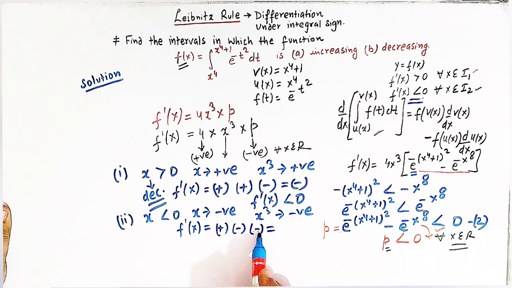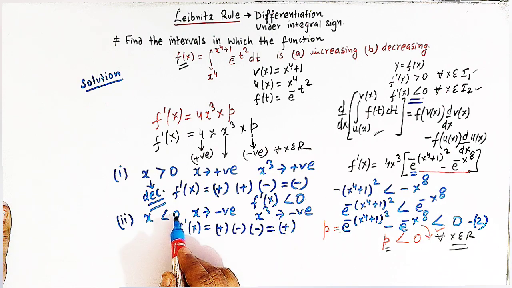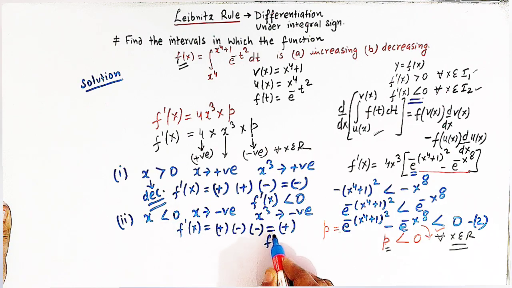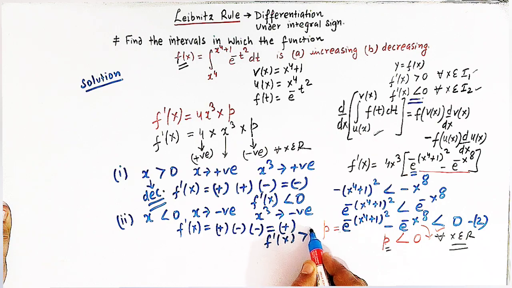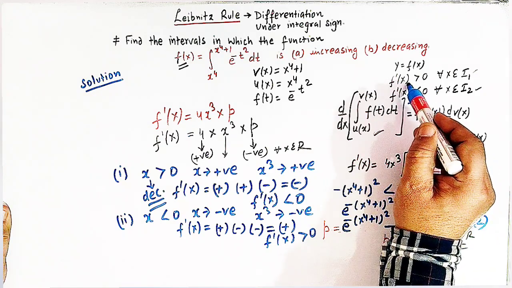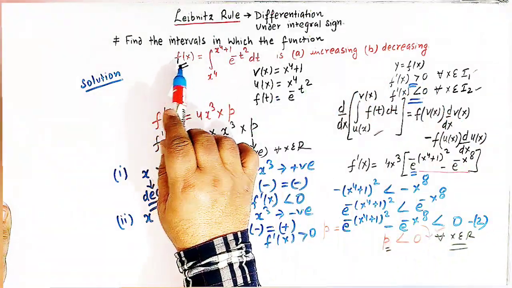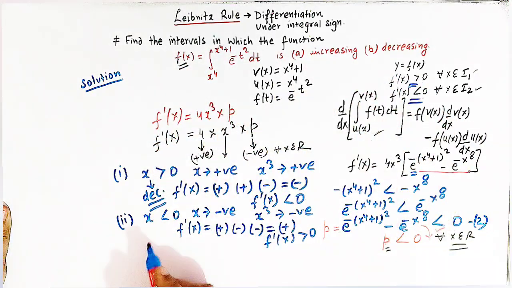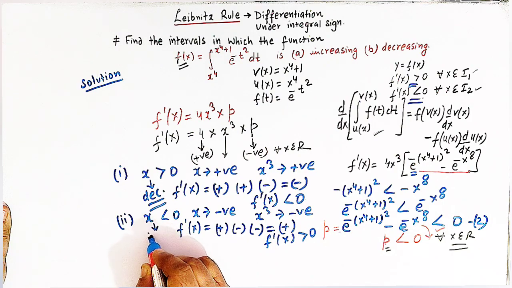So when we multiply all these three signs together, we'll get positive, right? So when x is less than 0, then f prime of x is greater than 0. It means it is positive, right? So in that case the function f of x is an increasing function, right?